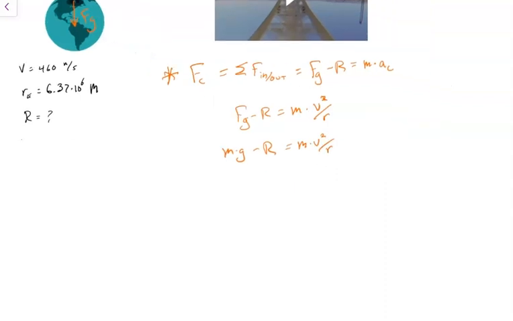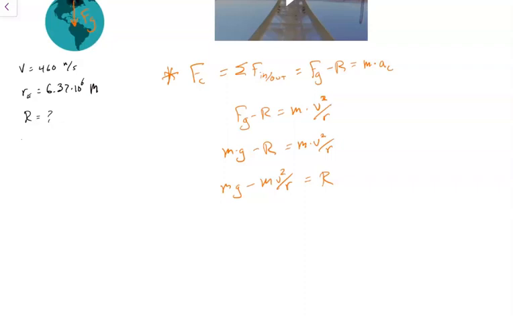Let's solve for r. So I get mg minus mv squared over r is equal to r, where little r is my radius of the Earth, because that's what I'm orbiting. That's what I'm rotating around, the center of the Earth.